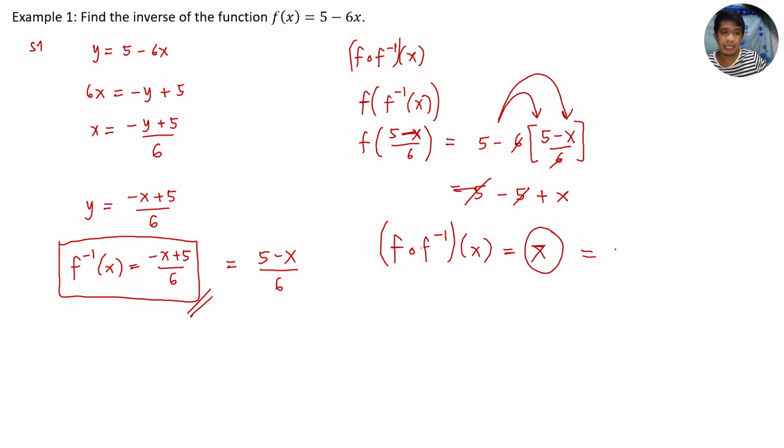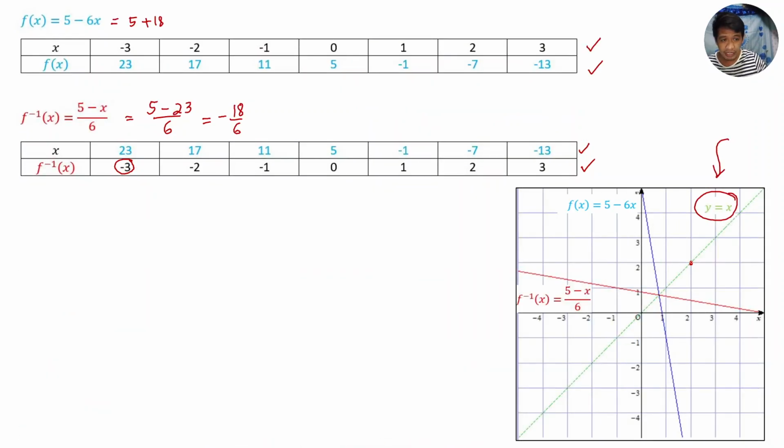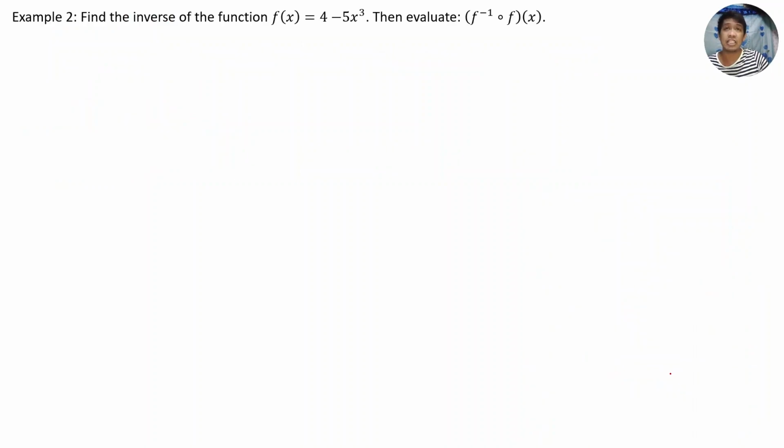And that is, y is equal to x is our line of symmetry. So notice that the graph is symmetric with respect to y is equal to x. So it has a line of symmetry. This means we can verify our answer is correct if we use composition of functions, and we get the value equal to x.